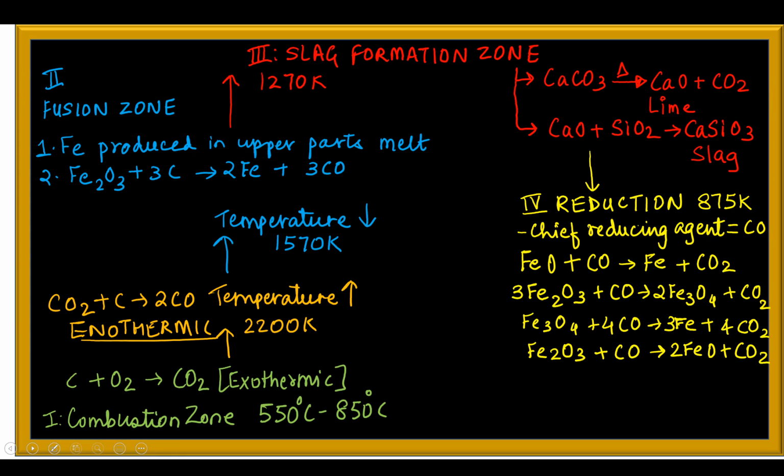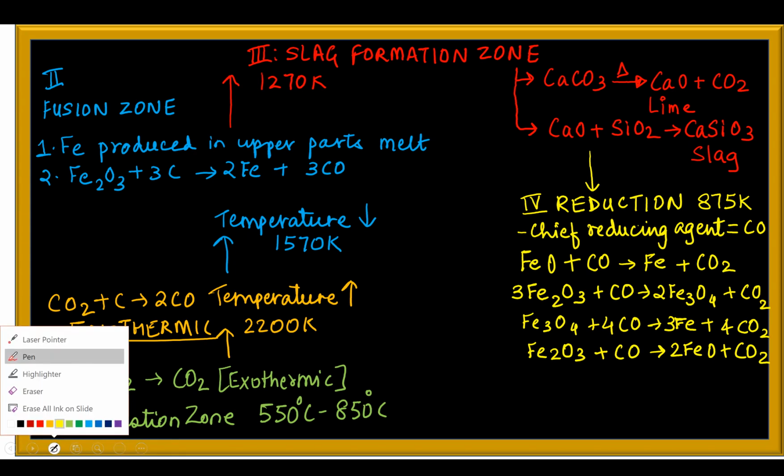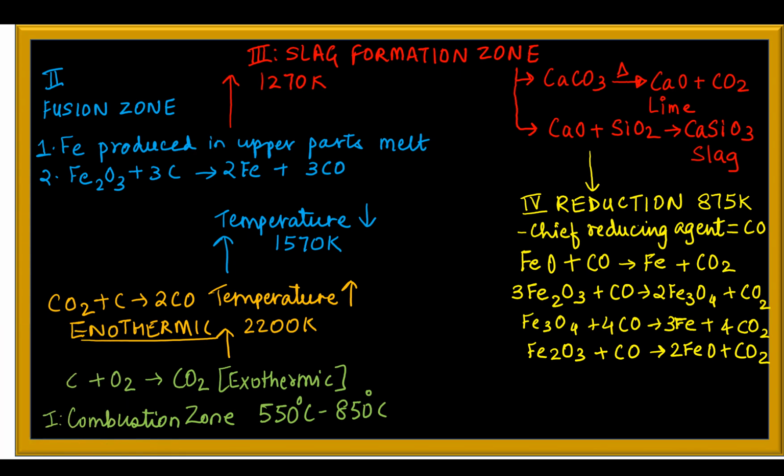Well, what happens after this is very important. It is happening in the hottest part of the blast furnace. So I'm going to write here, hottest part. Okay, of the blast furnace where this reaction is taking place. And what is that reaction?